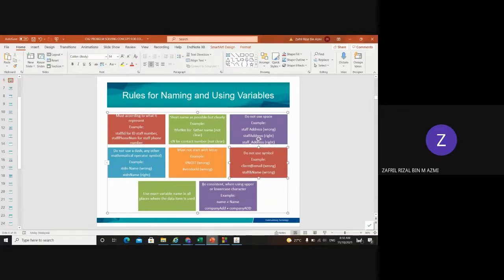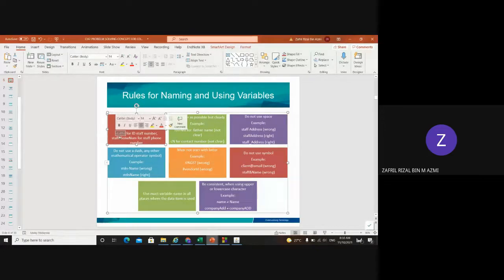And then, be consistent. You must be consistent. Let's say you declare staff ID at the beginning of your program to store the staff ID number.